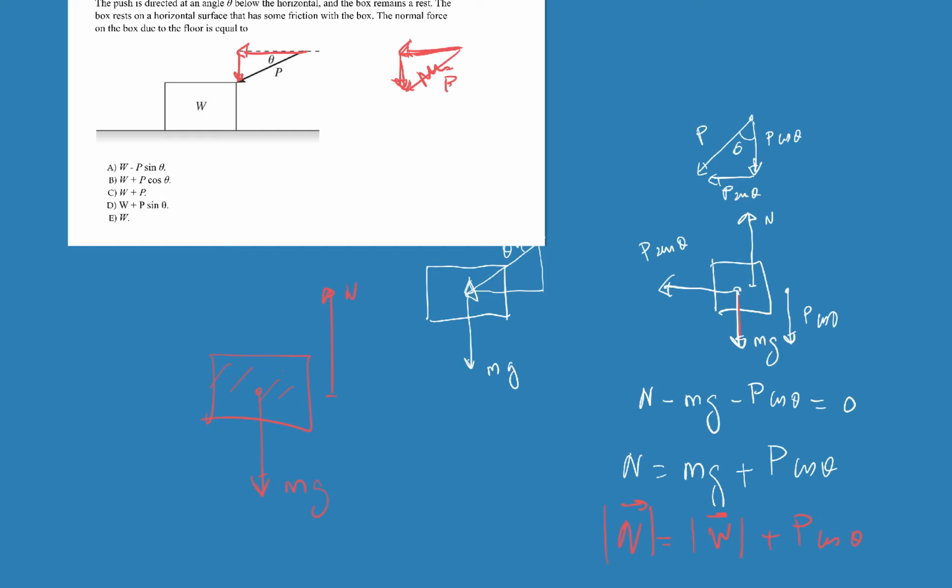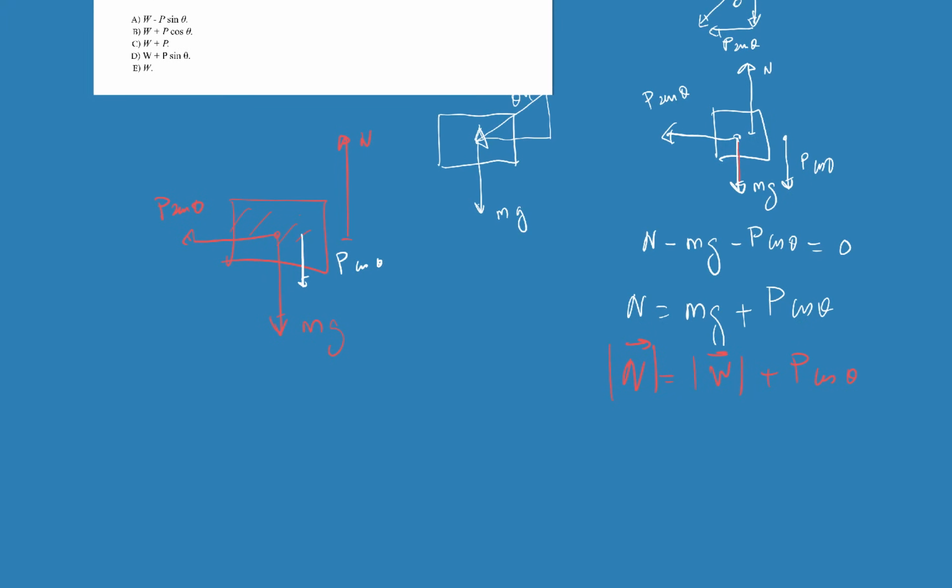And there is the force P. But instead of treating the force P like P, I will say that there is P sine of theta going to the right, and P cosine of theta going downwards. And the sum of all the forces is zero.